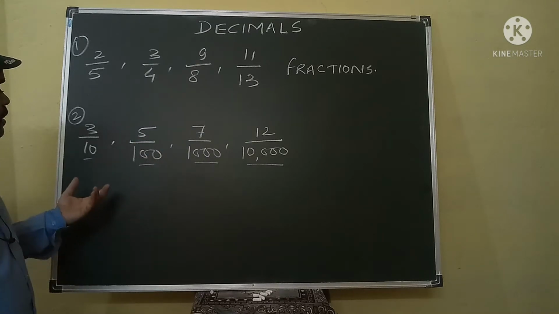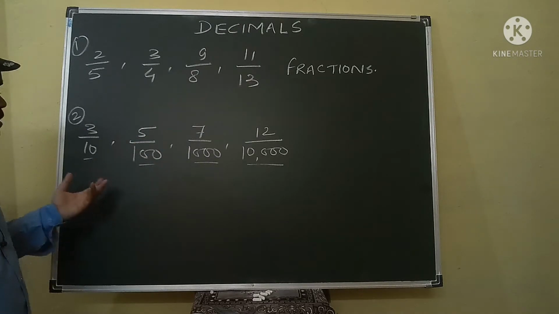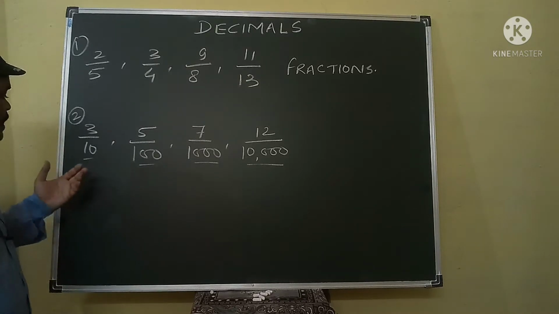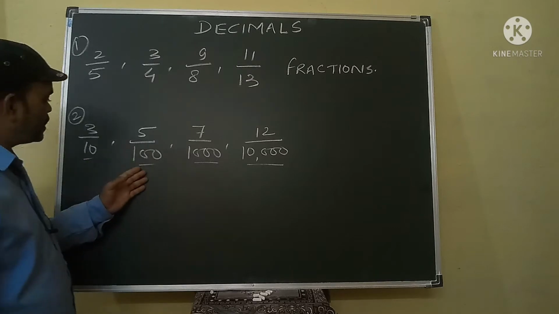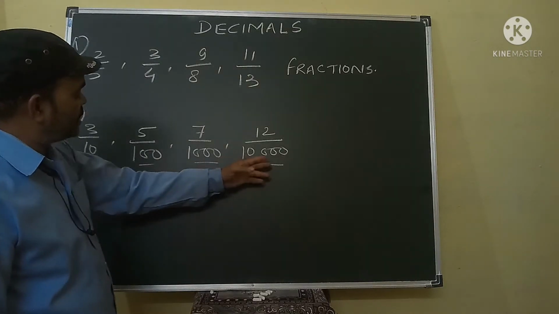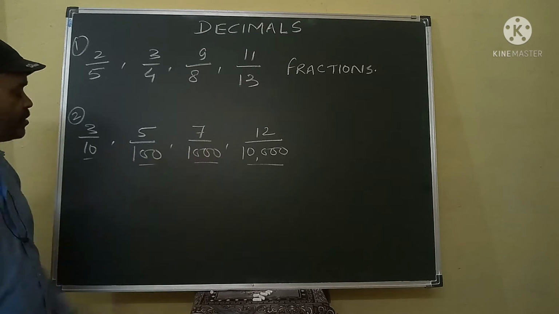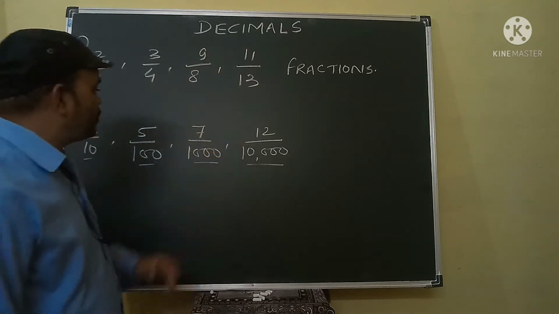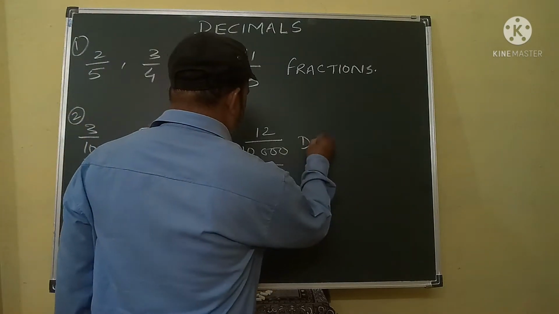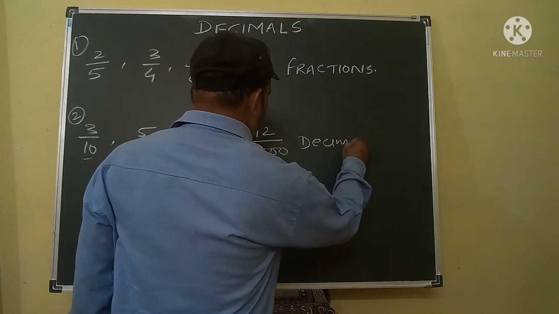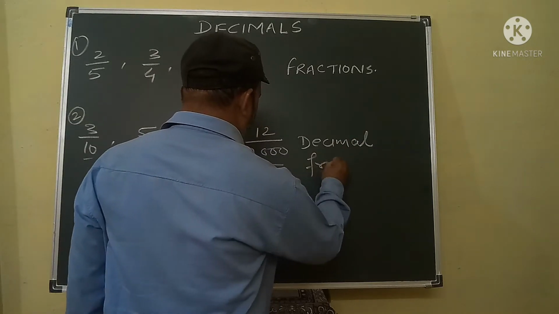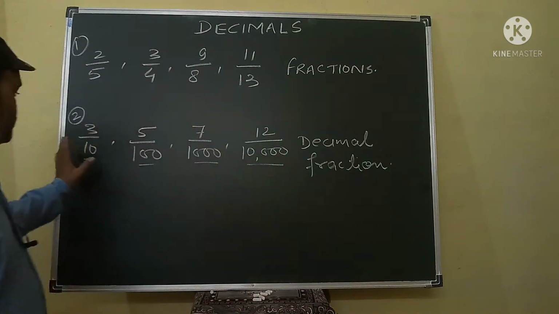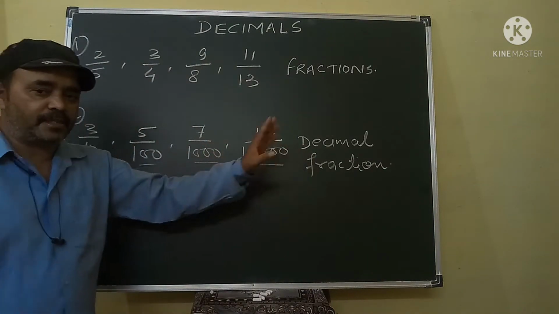But if in any fraction, denominator will be 10, 100, 1000, 10,000 and so on, then these type of fractions are called decimal fraction.